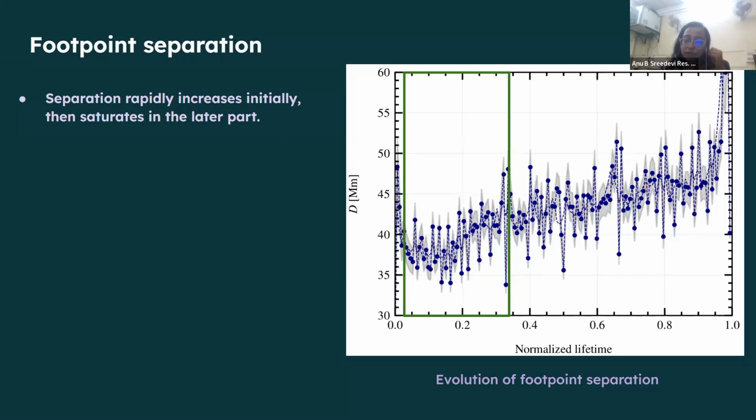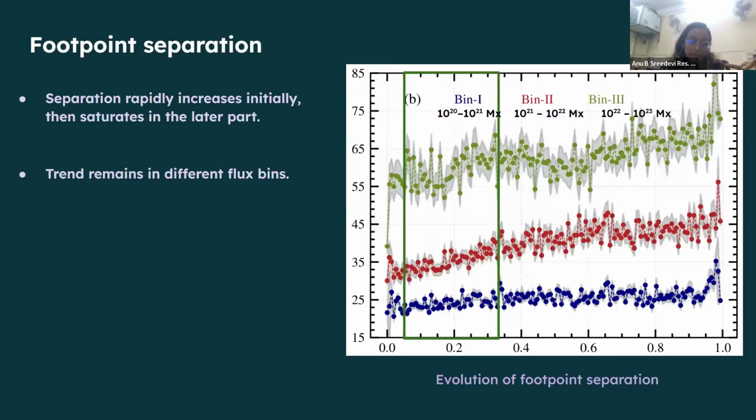We expected that foot point separation should increase, and we are seeing an increase, but in the initial part there's a steadier increase. This was previously reported by Shankar et al. in 2019.